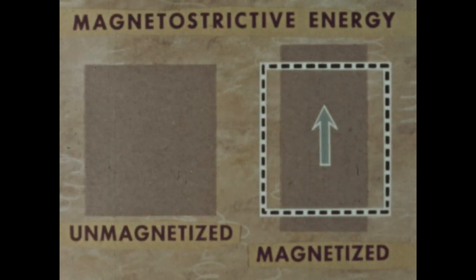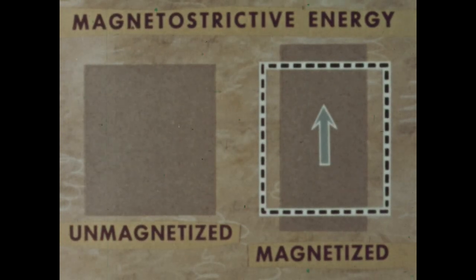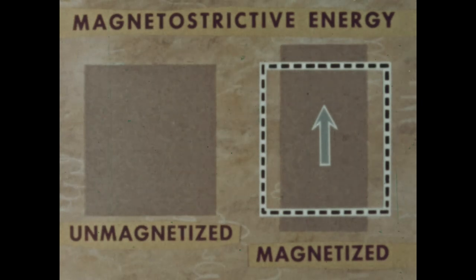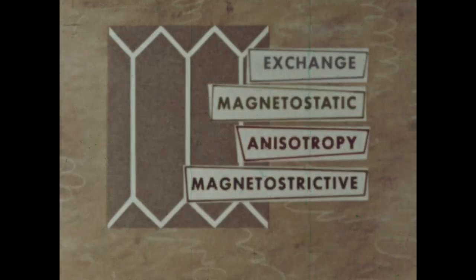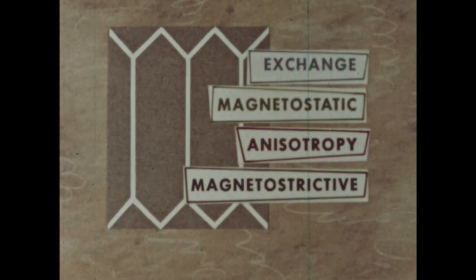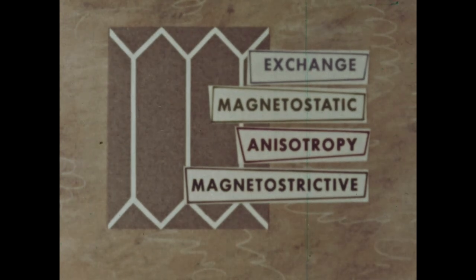The magnetostrictive energy in iron is a minimum when the material is allowed to change its dimensions along the magnetization axis. A wall separating domains also has its own minimum total energy, which is actually a combination of exchange and magnetocrystalline anisotropy energies. In a ferromagnetic domain structure, the sum of these four energies will always tend toward a minimum.